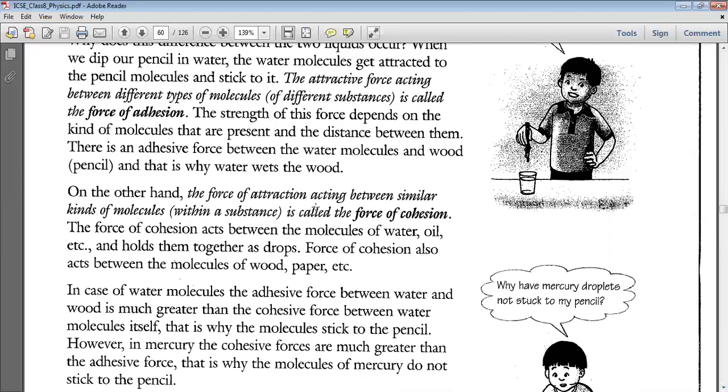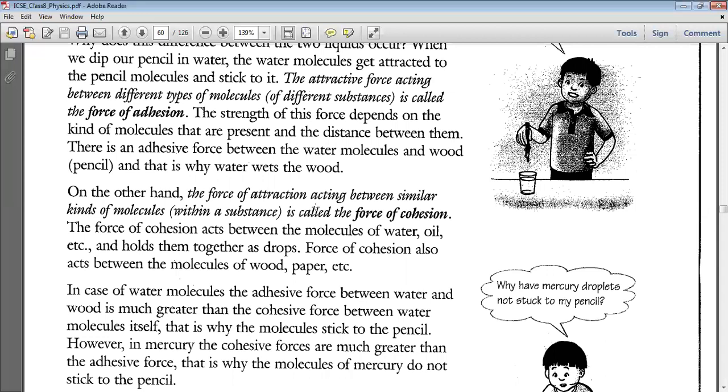Since the force of cohesion is greater, the mercury molecules are held together and no mercury molecules get attached to the surface of the wood. This force of cohesion also works between molecules of wood and paper, the same way.